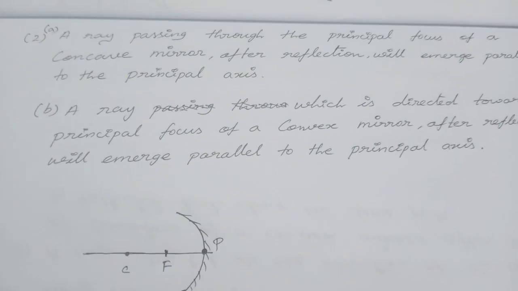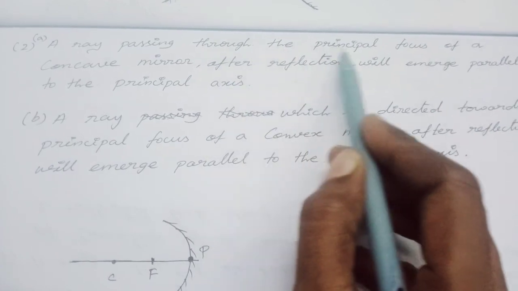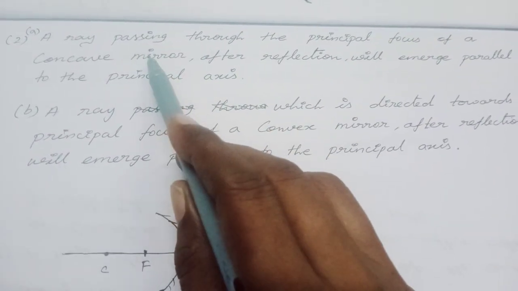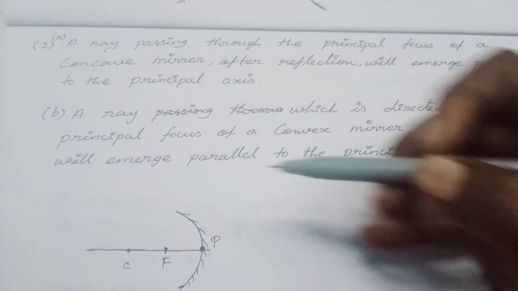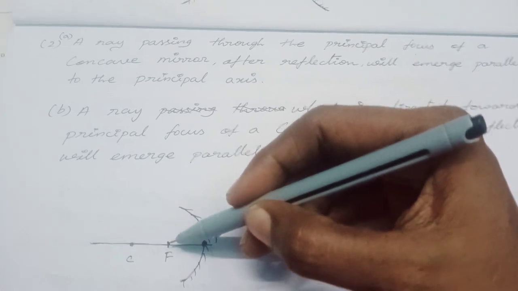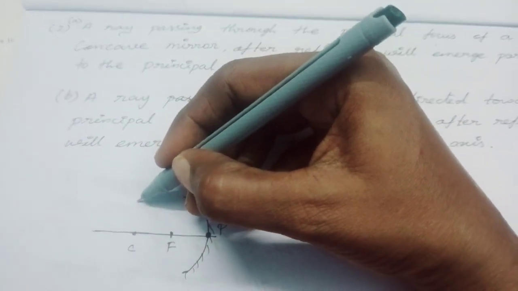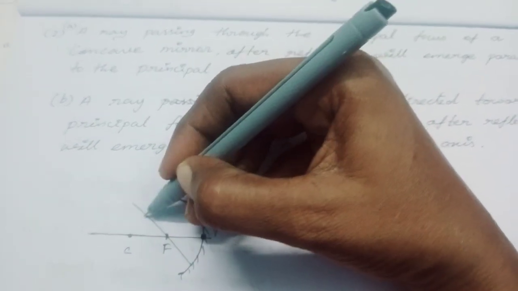Now what is the concept? The ray which is passing through the principal focus of a concave mirror. So the incident ray should pass through the principal focus. So we draw the incident ray passing through the principal focus like this.